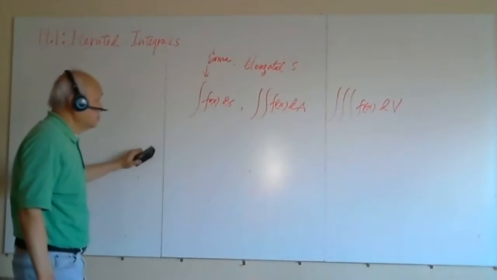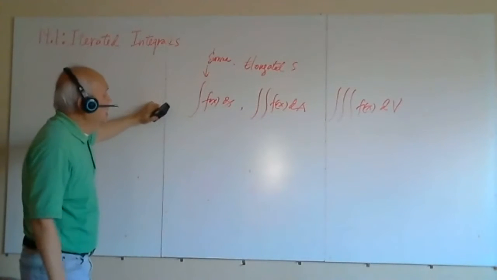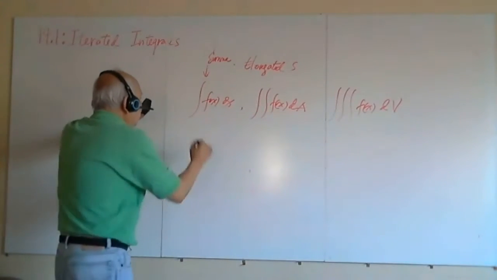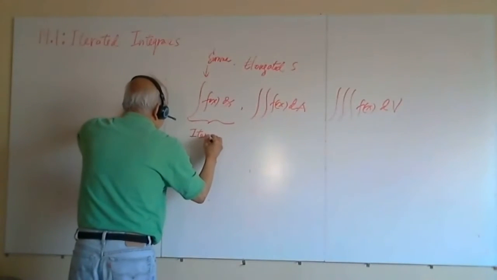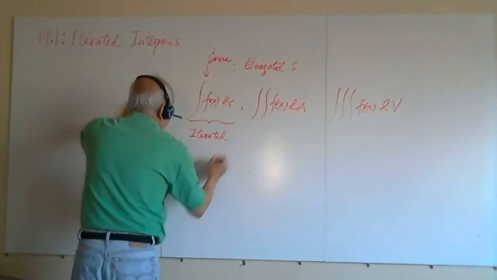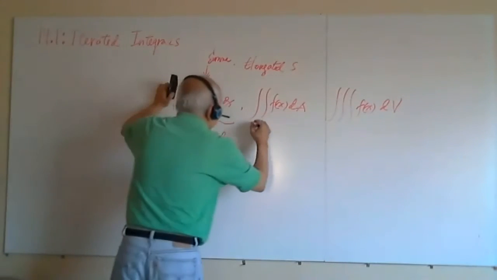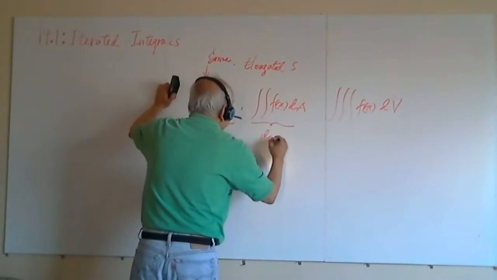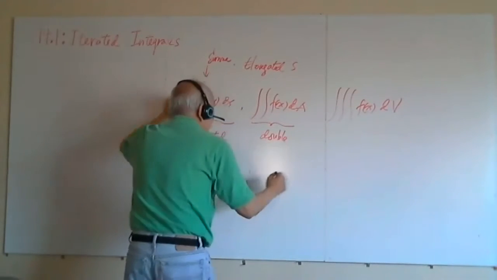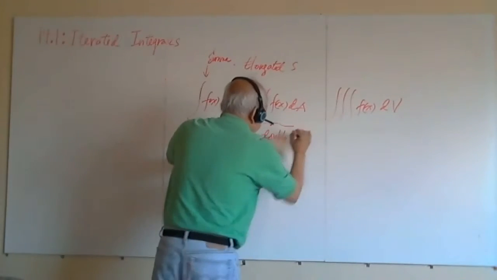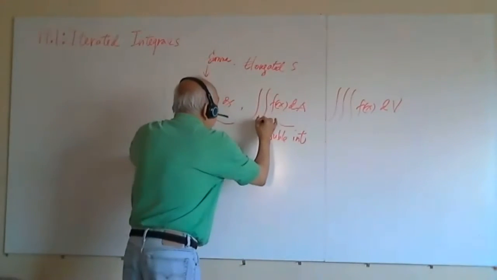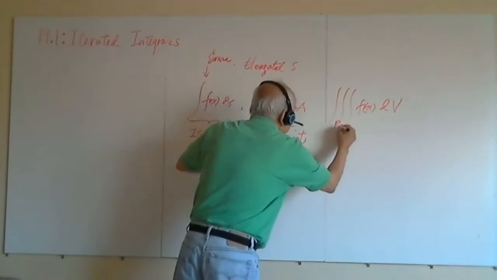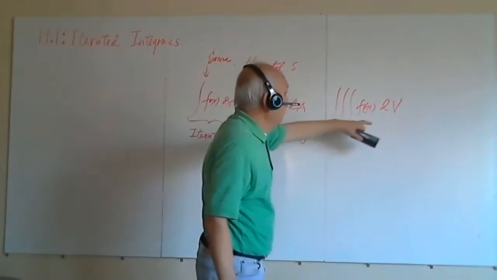First of all, this is what we call iterated integral. And this one here is what we call double integral. Don't worry about what A means here. This one is going to be R, and this one also going to be R here. Don't worry about what V means for the time being.